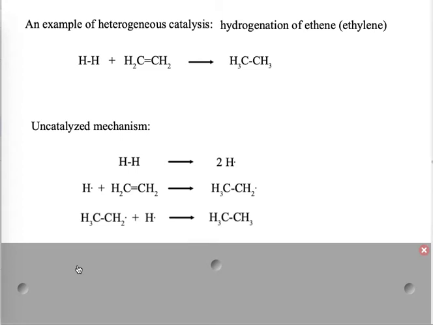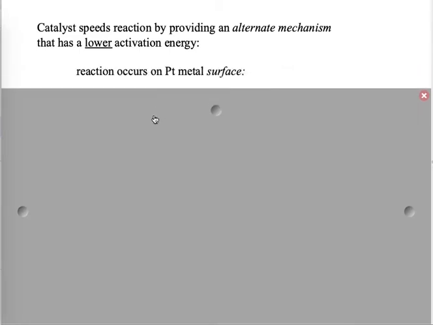However, using a catalyst, namely a platinum surface, we can speed the reaction by providing an alternative mechanism that has a lower activation energy. And here I have a diagram that illustrates the mechanism. This reaction takes place on the surface of platinum.